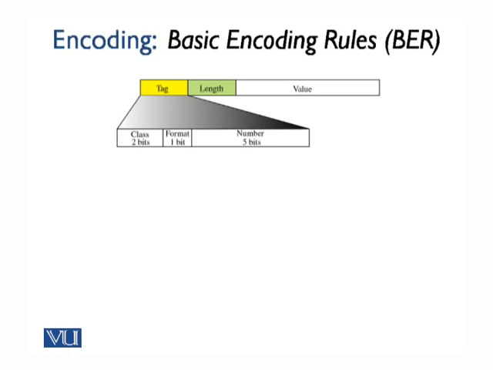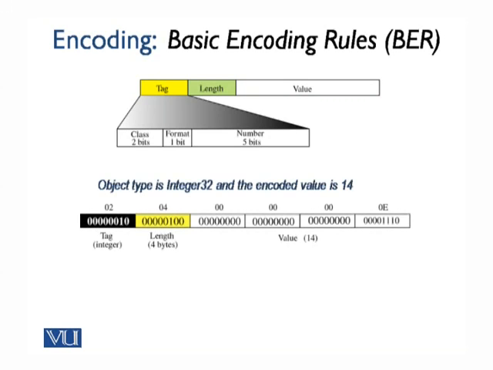And then you have the length of data, and then we interpret the value which is after this in context of what we have seen before. So for example, if we want to define the object type as integer 32, there is a well-defined type for it, and that is placed in the tag. If you see, we have the value shown here, and that is the tag of integer.